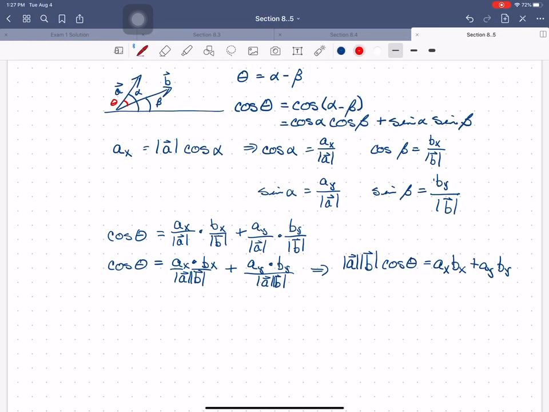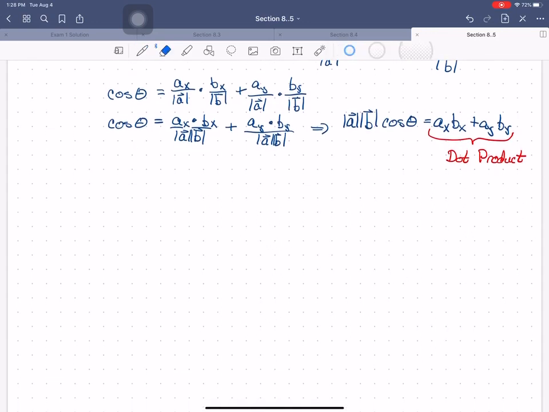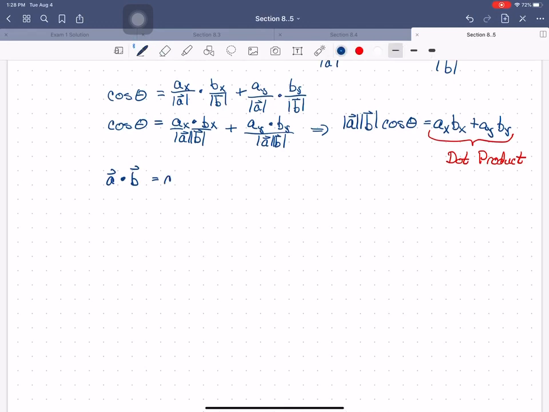Okay, here's the thing. This is defined as the dot product. It comes up so frequently that it gets a name. So A dot B, and we write it just like that, is equal to the product of the x components plus the product of the y components.